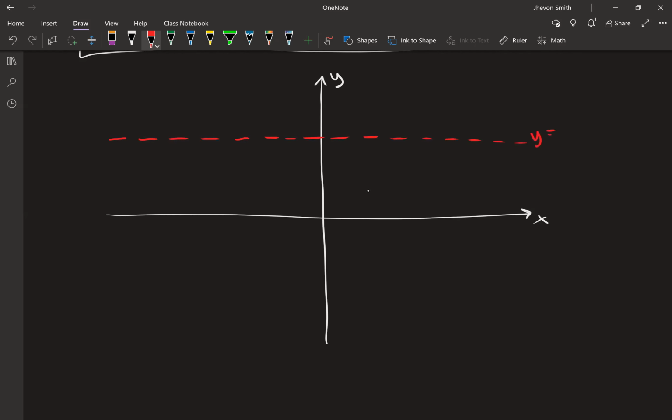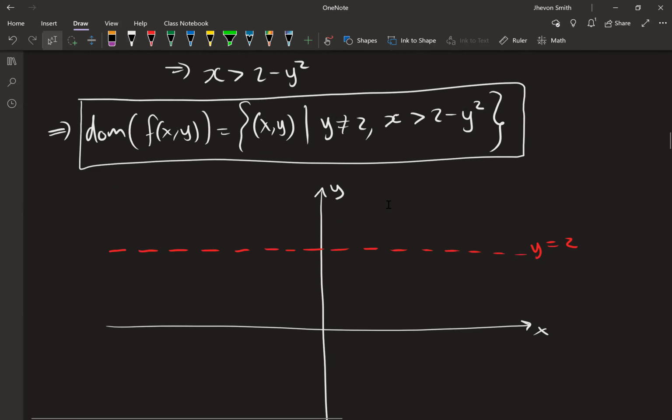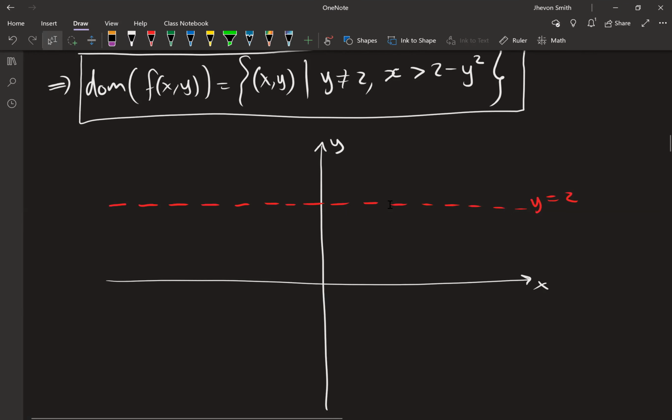This is y equals 2. Can't touch that line. What else do we have? x must be greater than 2 minus y squared. So x is 2 minus y squared. So it starts at 2.